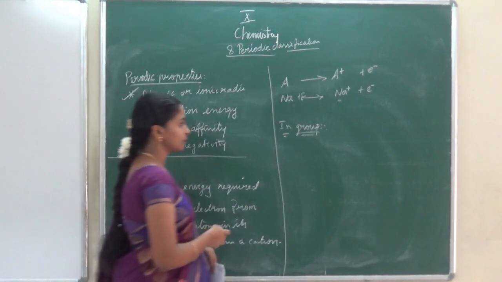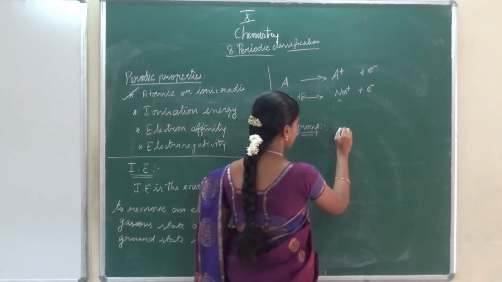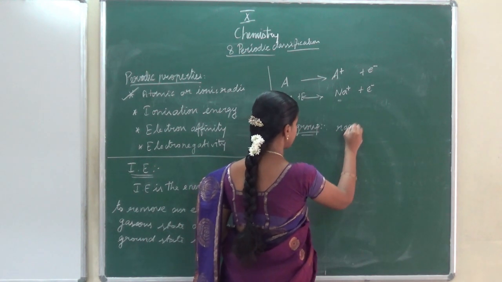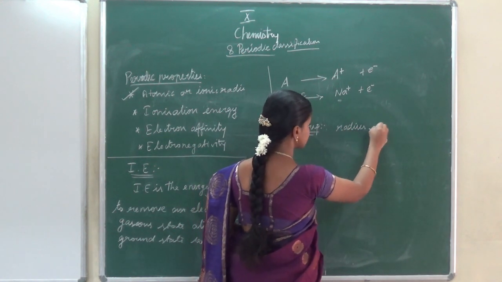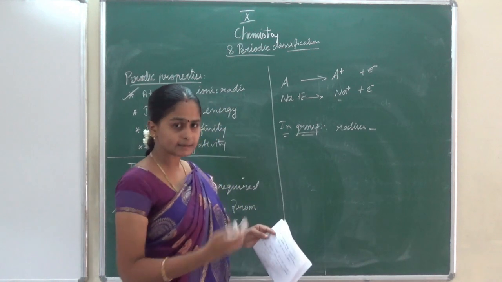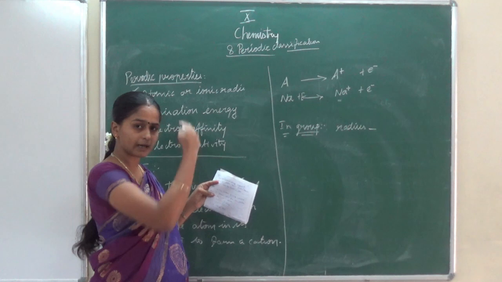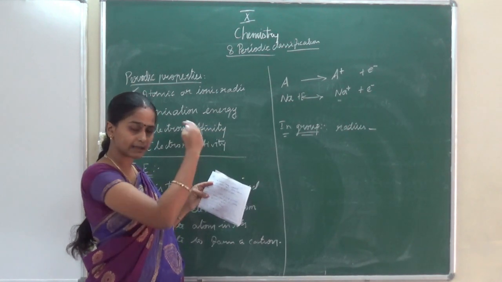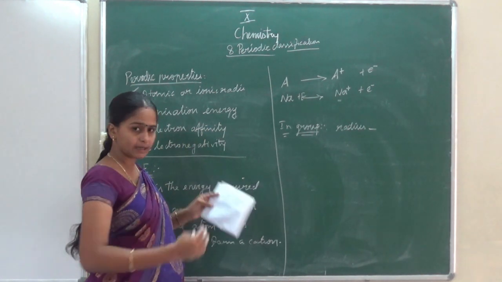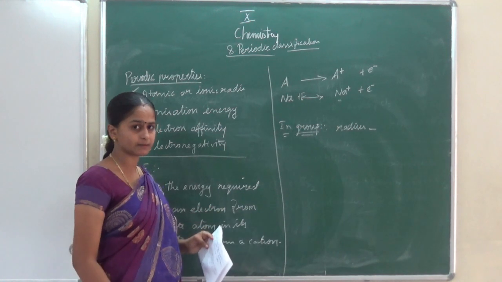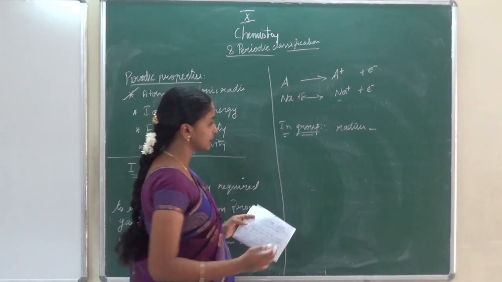In group the radius increases when we are moving from hydrogen to cesium: hydrogen, lithium, sodium, like that when we are moving down the radius is increasing.